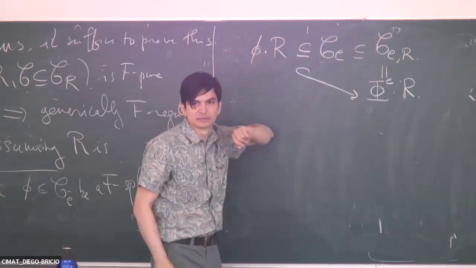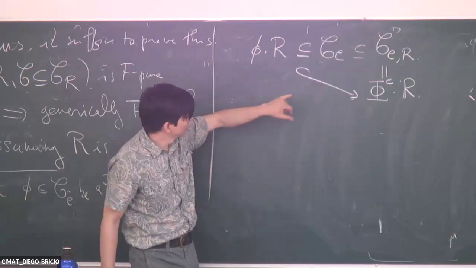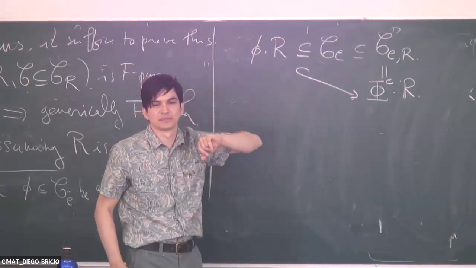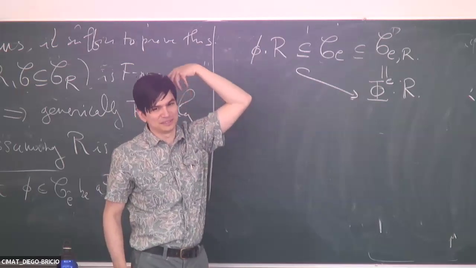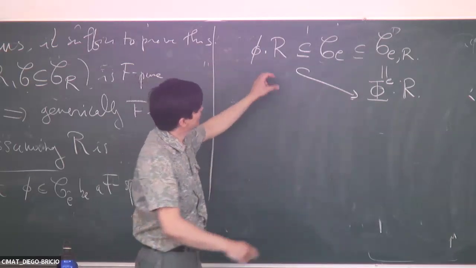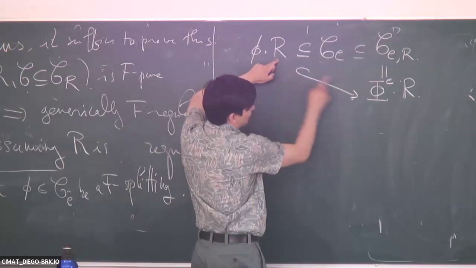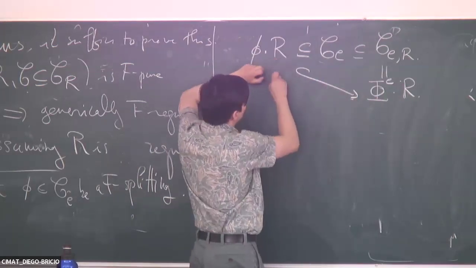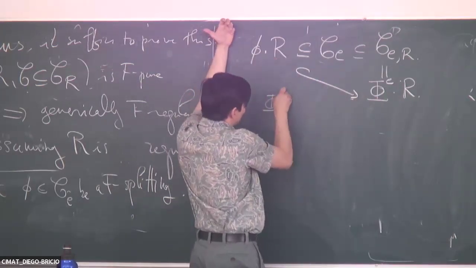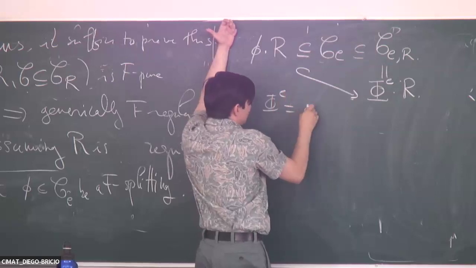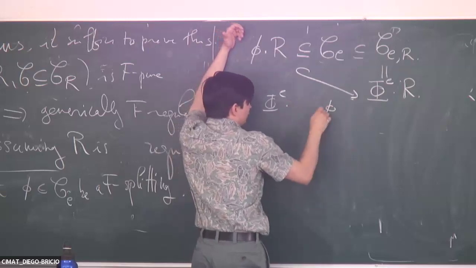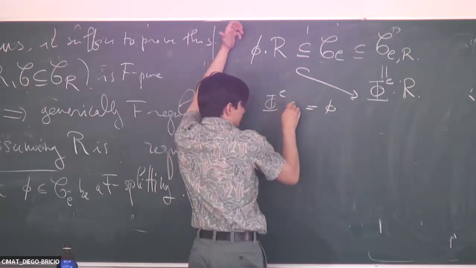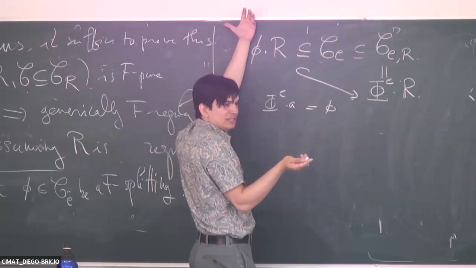And now you tell me, what can I do to guarantee that that's an isomorphism? I can shrink again, right? Because now this becomes a map from R to R. I just know that phi equals the trace times something you need to determine.